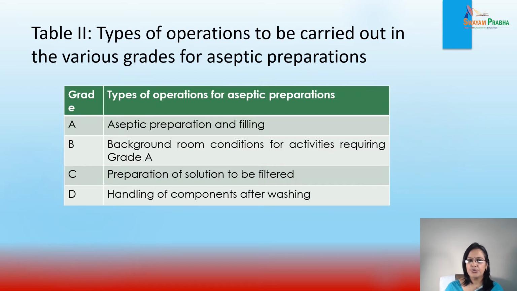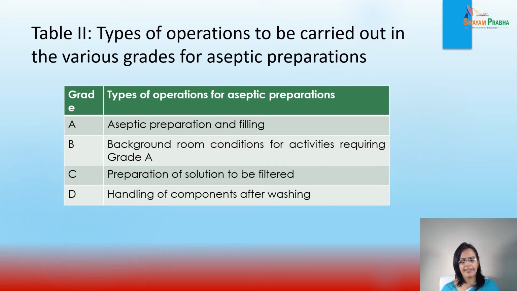Now look at table number 2. The types of operations to be carried out in the various grades for aseptic preparation. Okay, grade A, B, C, D, and types of operations for aseptic area. So grade A is always for aseptic preparations and filling, and grade B is background room conditions for activities requiring grade A. Okay, and grade C is for preparation of solutions to be filtered, and grade D for handling of components after washing.